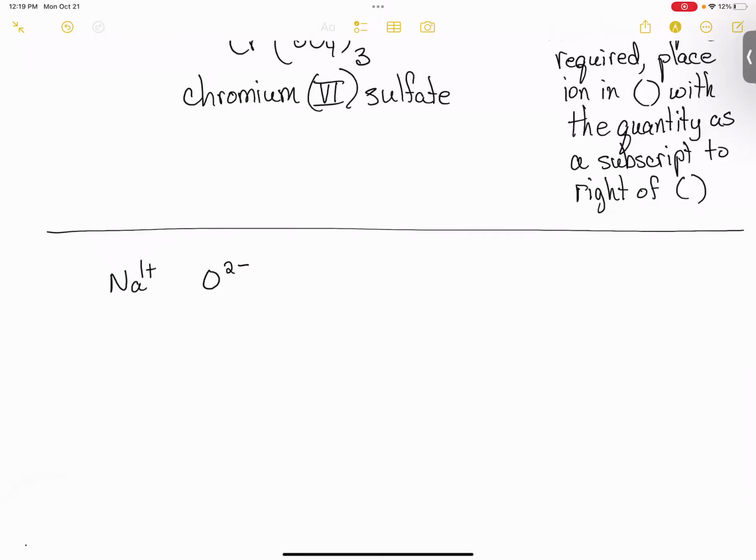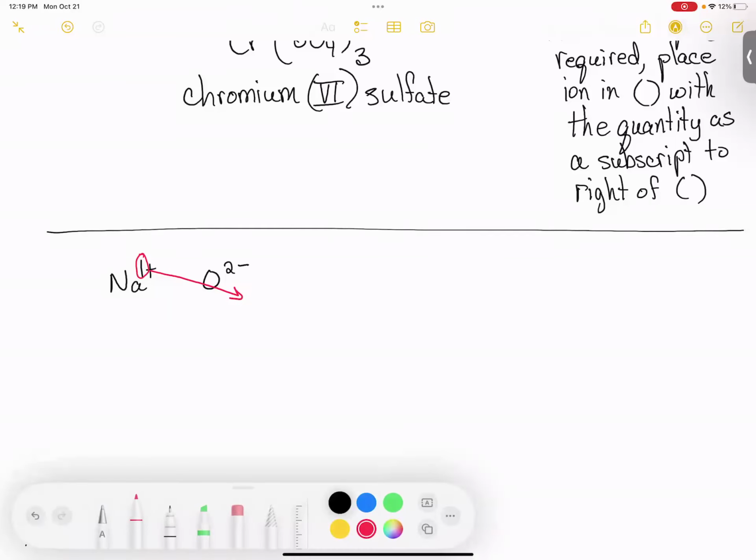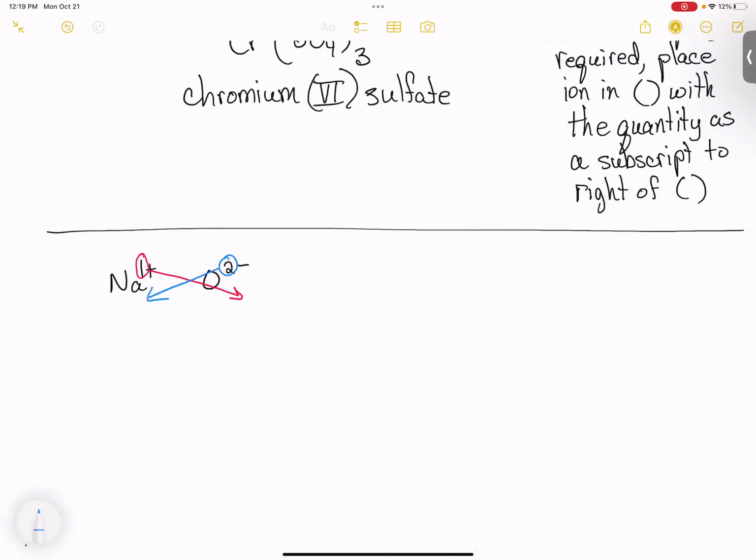You are going to take the numerical value from the sodium, cross and drop it on the opposite atom. You're going to take the numerical value of the oxygen and cross and drop it on the other atom.